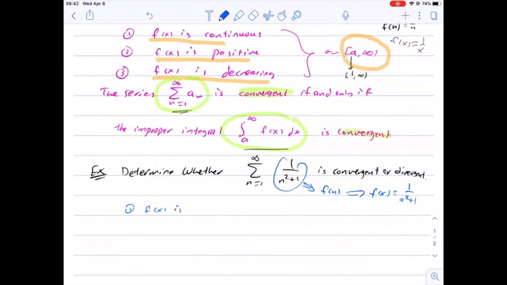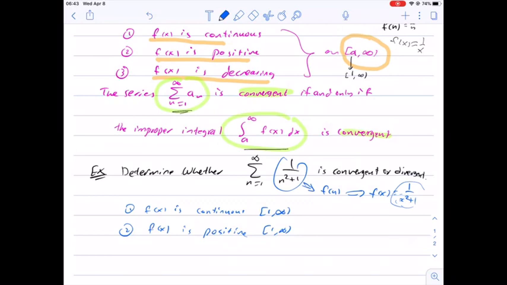So the first thing, f of x is continuous on some interval like 1 to infinity. This is the most common interval. And the second condition is that f of x is positive on this interval 1 to infinity. Now it's continuous because we don't have any problem with this function. If we substitute any value for x, the function is still defined.